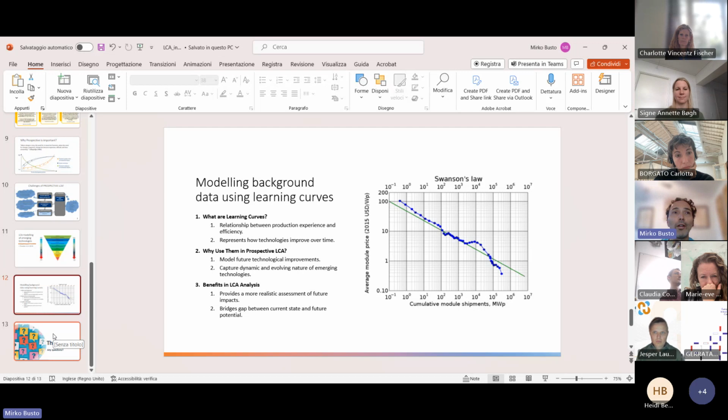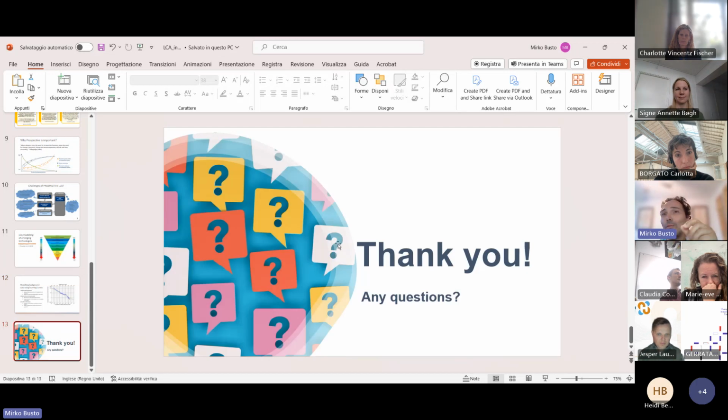I perfectly acknowledge that it's impossible to give a 30 minute introduction on life cycle assessment and then also concentrate on what's more complicated and more research-based. This prospective life cycle assessment is still in development.